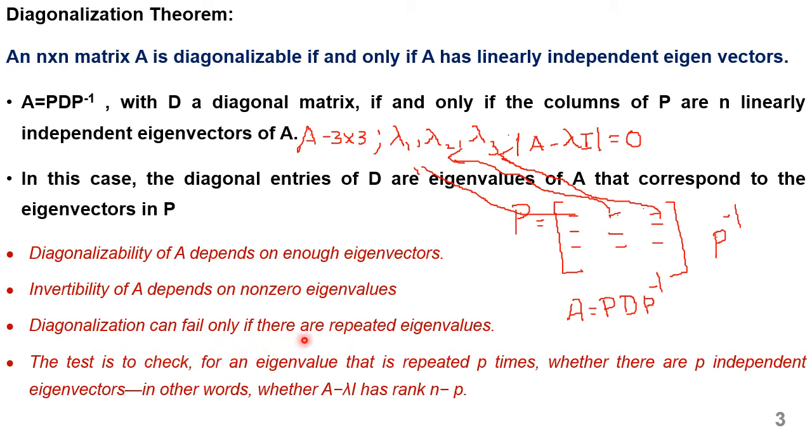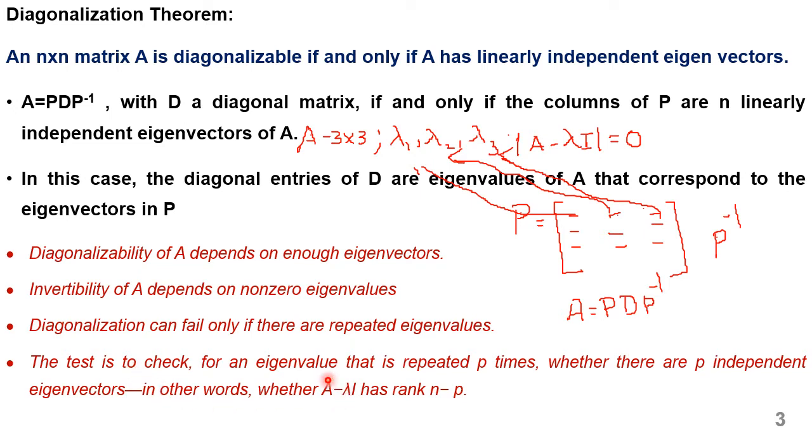Diagonalization can fail only if there are repeated eigenvalues. Suppose when we compute lambda 1, lambda 2, lambda 3, lambda 1 is equal to lambda 2, which means that it has a multiplicity of 2. In such cases, whenever we have repeated eigenvalues, diagonalization may fail.